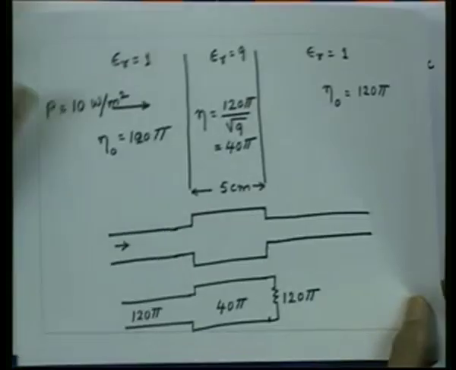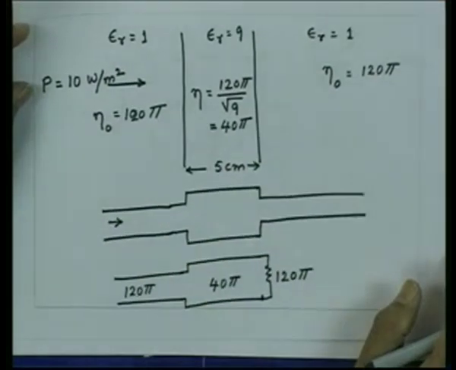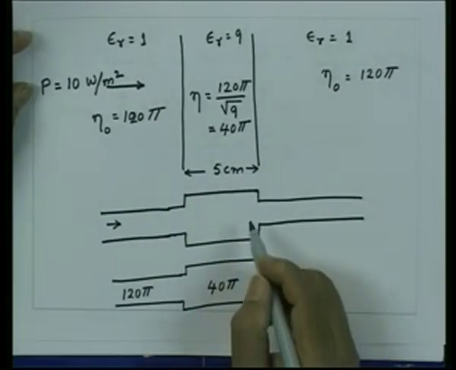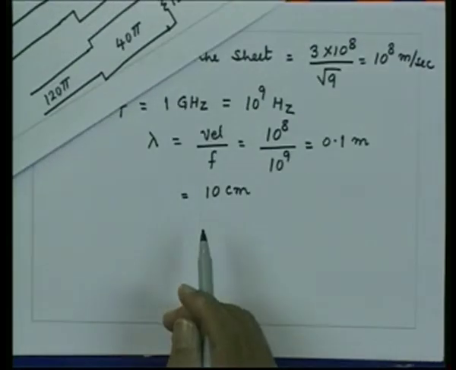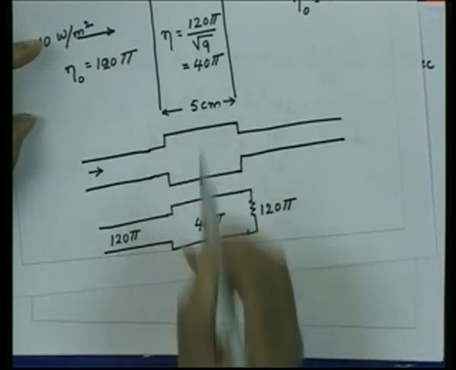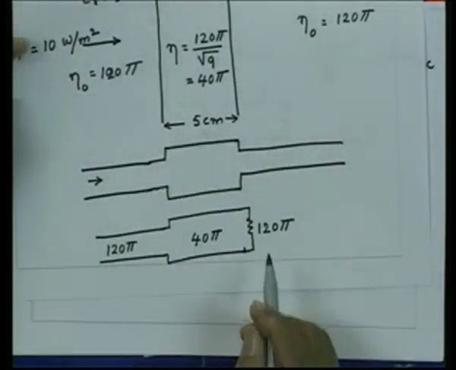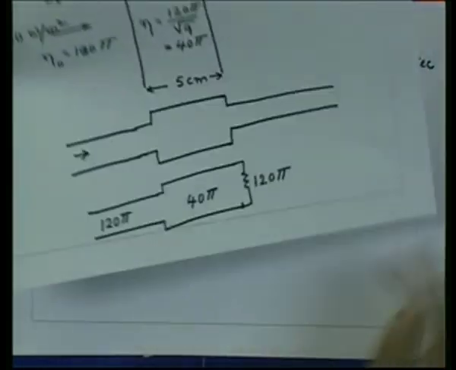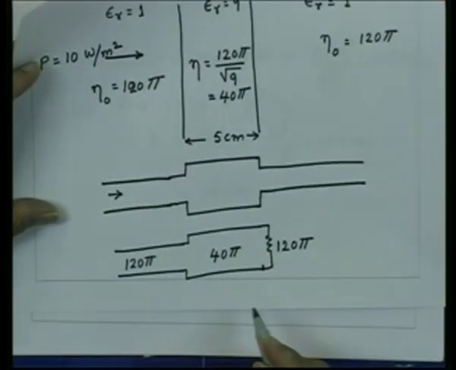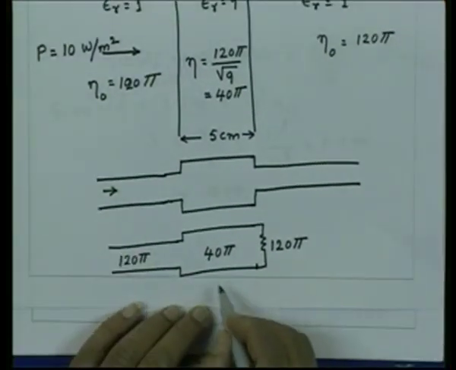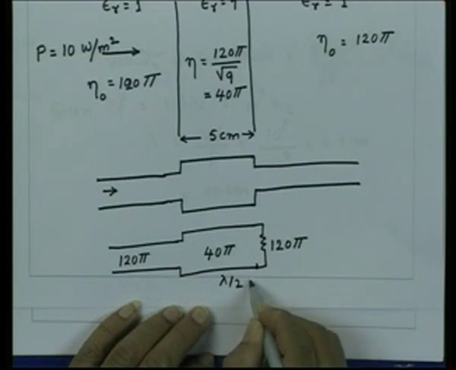So, in this medium the wavelength lambda is 10 centimeter. That means this length of 5 centimeter is essentially a distance of lambda by 2. So, the problem becomes very simple: this distance is equal to lambda by 2.